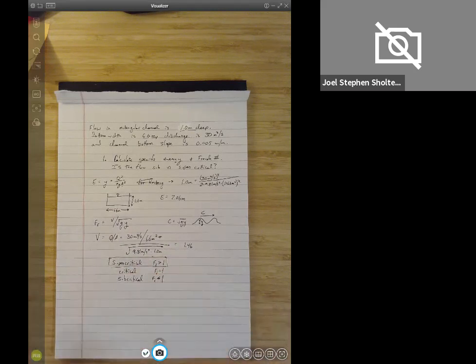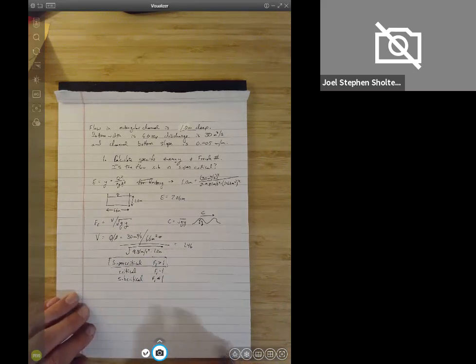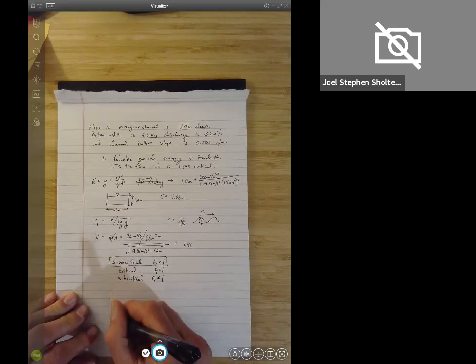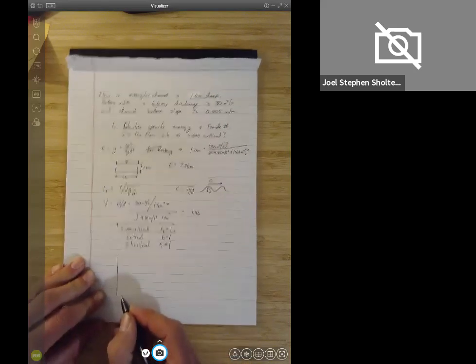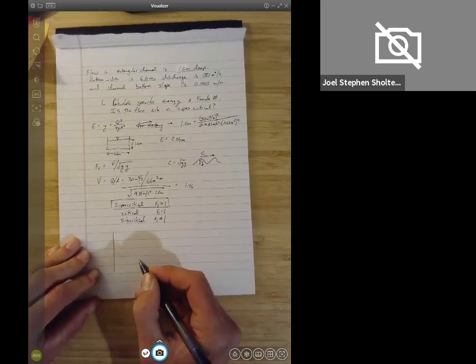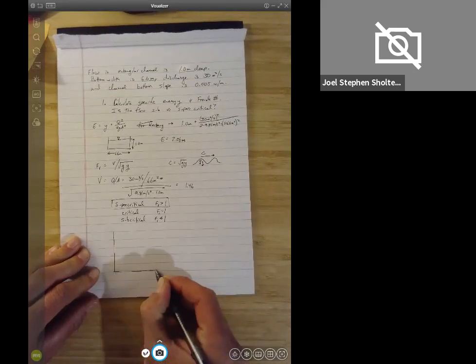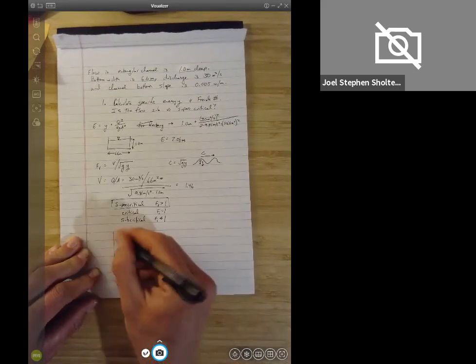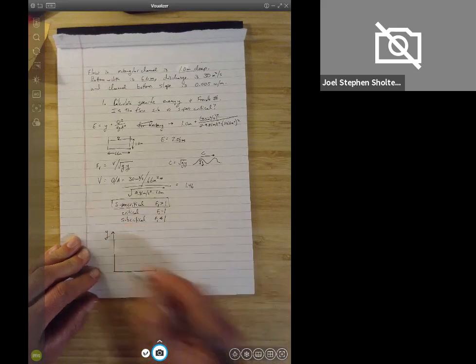Now, the next kinds of lead-on questions that we might have is to identify the alternate depth associated with this. So let's just take a look at the specific energy diagram, where we have energy on the x-axis and depth on the y-axis.